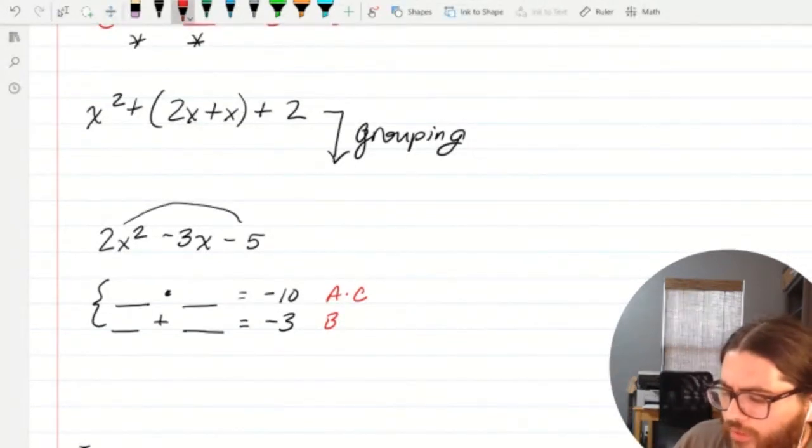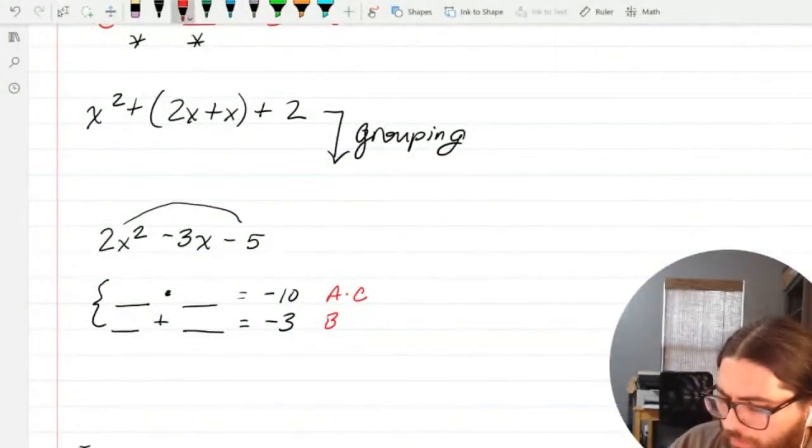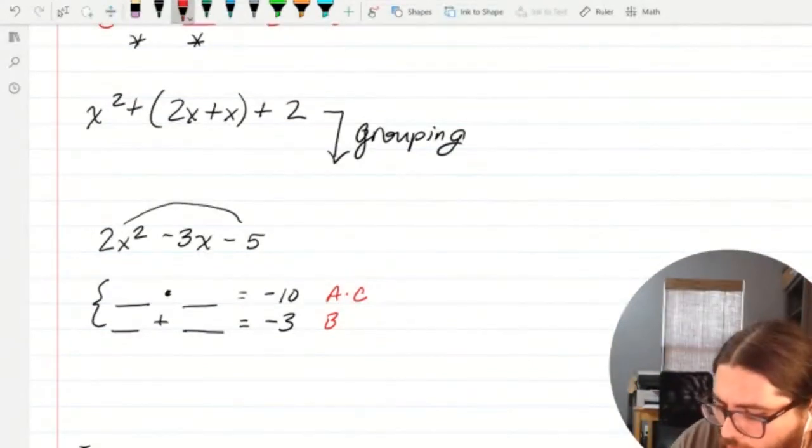So 2 and 5 could be positive 2, negative 5, or negative 2, positive 5. I think negative 5 and positive 2 are the numbers that I'm looking for.